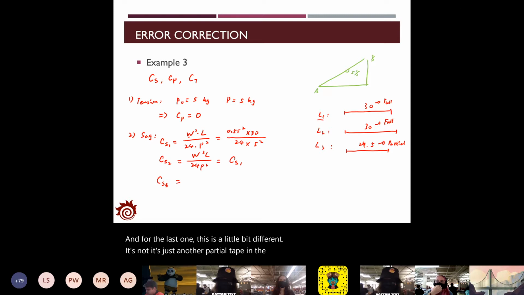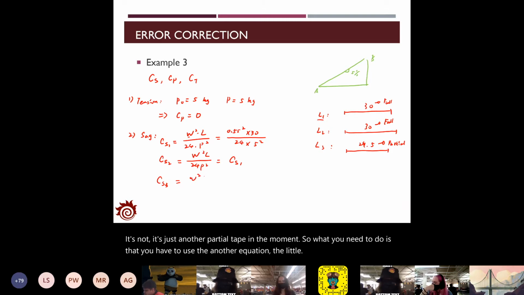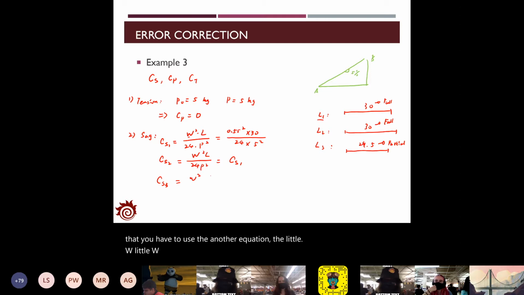So you have to use another equation, w squared times L divided by 24 P squared.